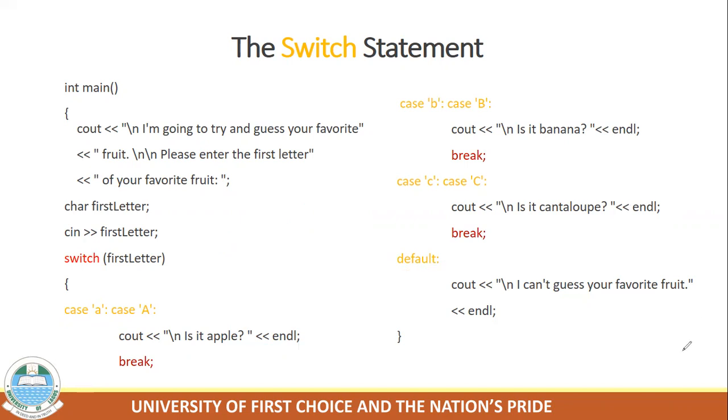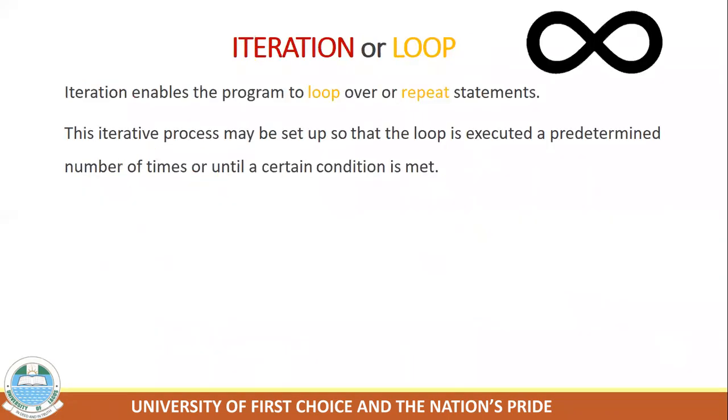So we've done two examples now. We want to take care of an integer case and an alphabetical case. All right. So let's move on to what we call iteration or loop.